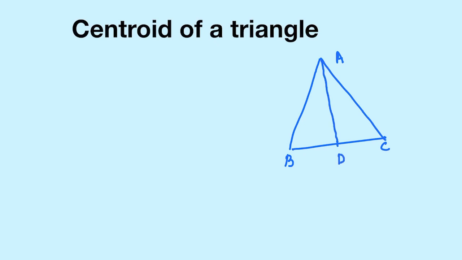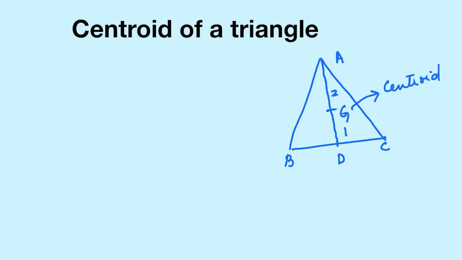Centroid of a triangle. Centroid of the triangle is an application of section formula. So here you are given any triangle ABC. Let's say D is the midpoint. If I join AD, then AD is the median. And the point G, which divides this line segment AD in the ratio 2 is to 1, is called the centroid of the triangle.